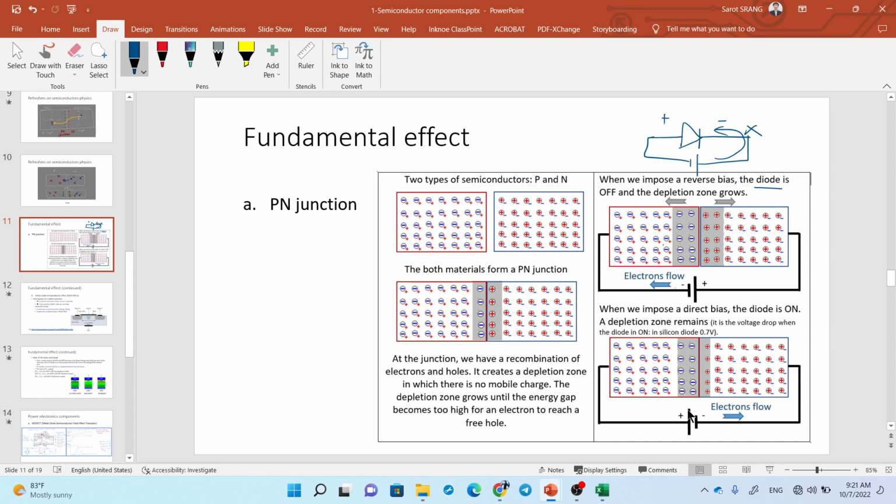And then you reverse the polarity of the battery, a positive polarity to the p type. Then the force from the electric field is stronger than the force from the valence bond, and this force is parallel with the electromotive force.